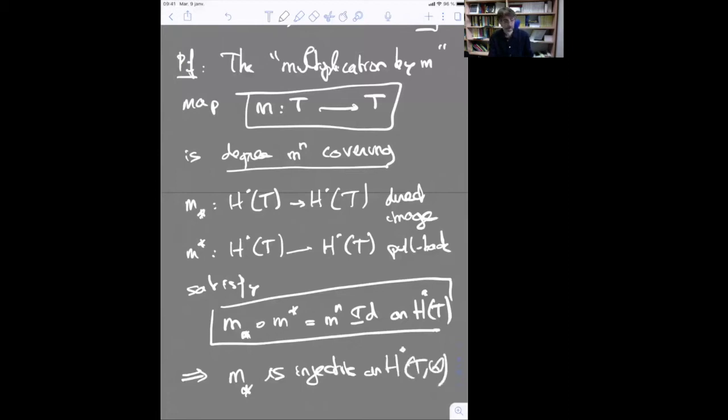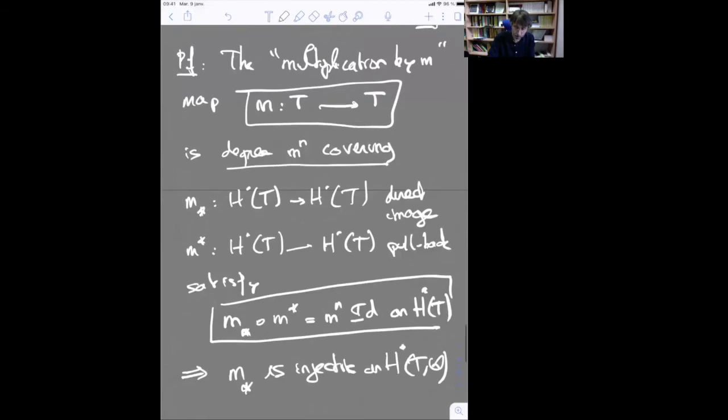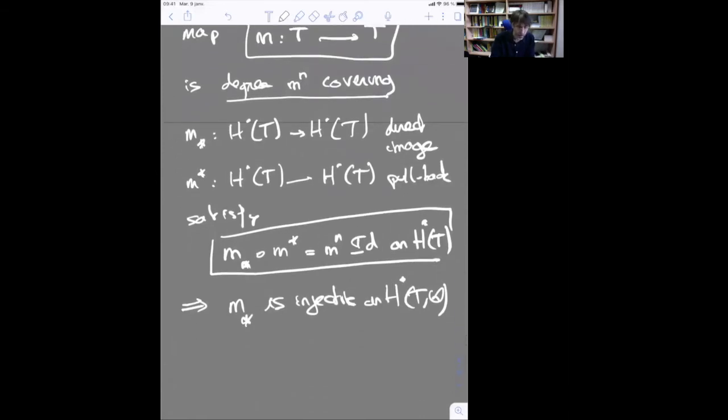And this is how we will prove the vanishing of the class, because now consider the class of the m torsion point. This is the same as the pullback by m of the class of the zero section. The set of points that are m torsion are exactly the ones that are mapped to zero by m.